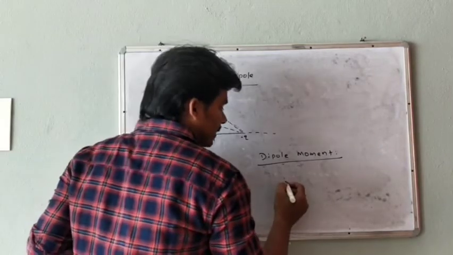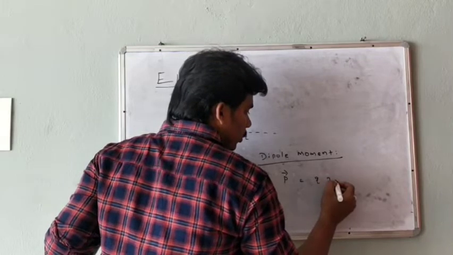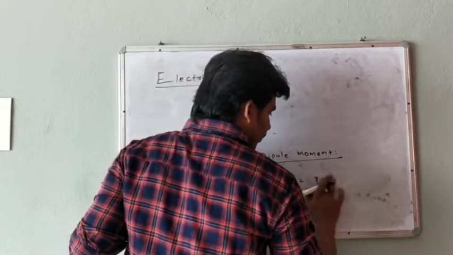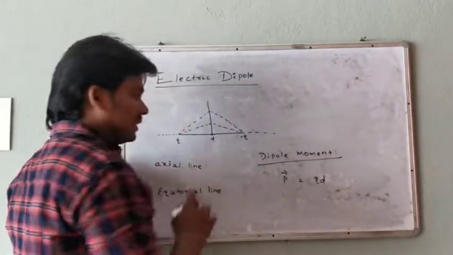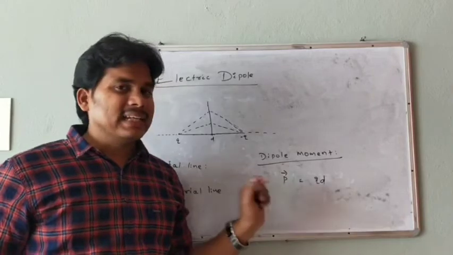It is represented by P. It is a vector quantity. P vector equals Q into 2A, that is Q into d, where d is the separation distance. That's why the product of Q and d is the electric dipole moment.